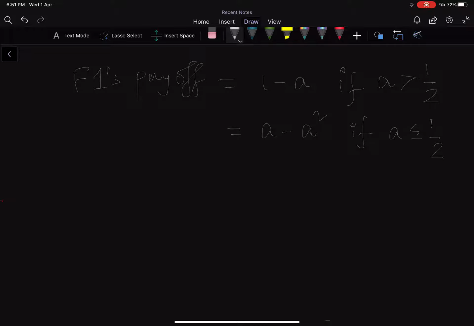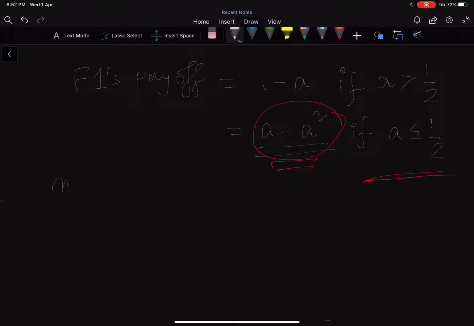Now given that A is less than or equal to half, what is the maximum payoff that firm 1 can generate? Suppose this constraint was not there, what A maximizes this object in the absence of this constraint? Let's find that out.